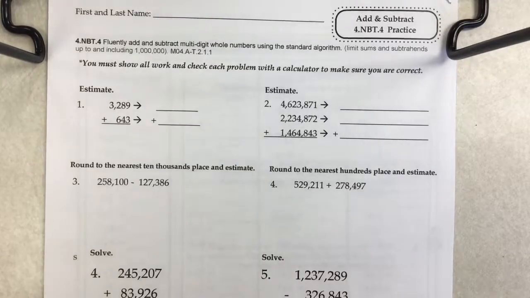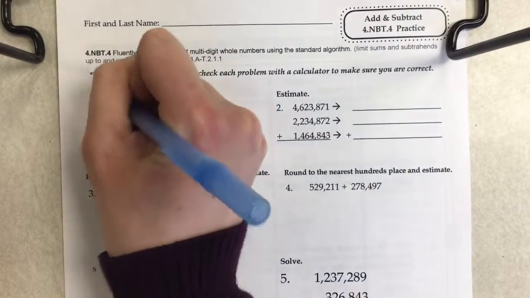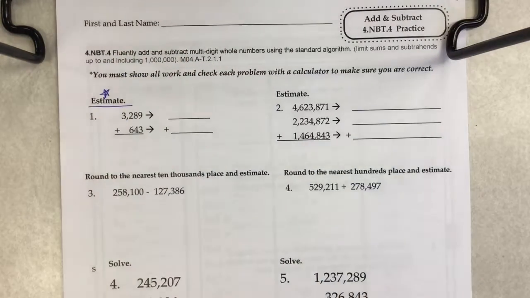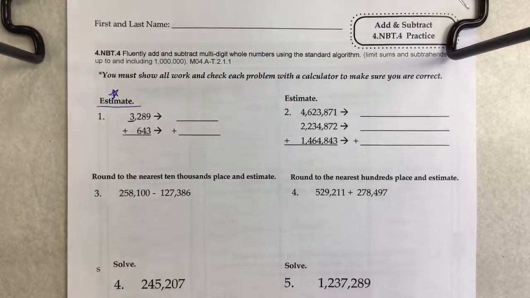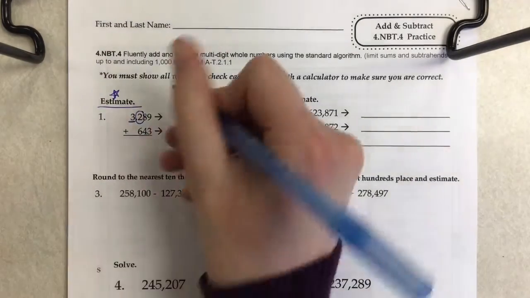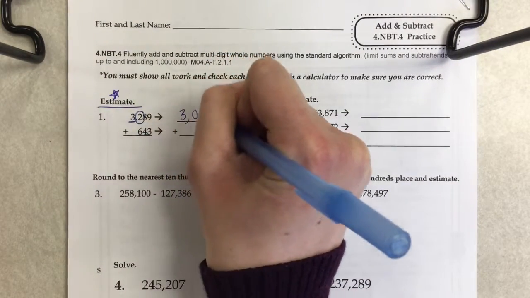Number one, it says estimate. That should jump out at you right away. Estimate is one of those words that means round. It doesn't tell us which place to round to, so I'm going to round to my biggest place. I'm going to underline my 3 in my thousands place, circle my 2, say the phrase, 4 or below, let the underline go. This rounds to 3,000.